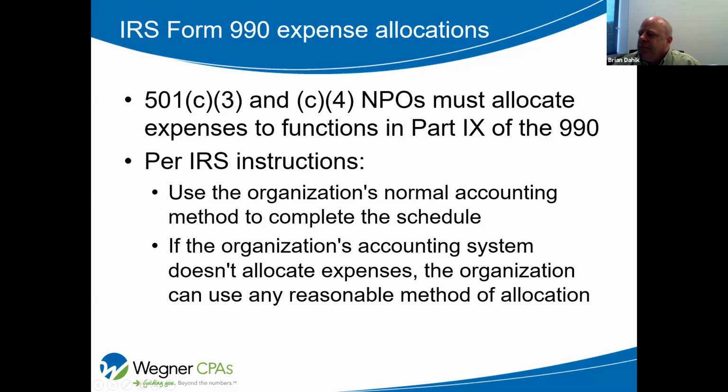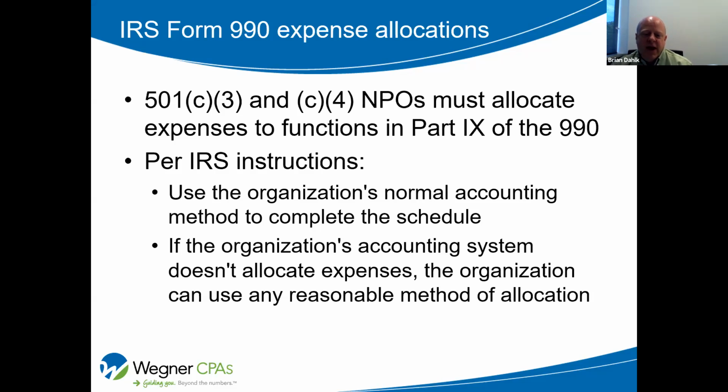The IRS instructions say that you should use your normal accounting method to complete the schedule. So if you're a nonprofit that has already done the cost allocation appropriately for financial statement purposes, as we reviewed in the first section, then you already have a sound basis for completing the 990, part 9.